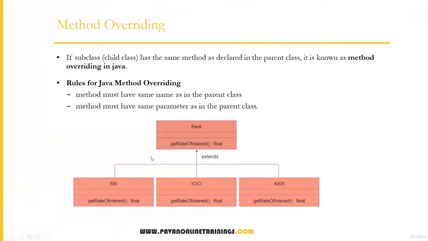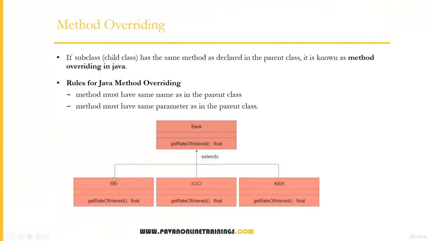So what I will do here is create one parent class called bank, which contains a rate of interest method, and three different child classes of the same parent class. When I create a child class of the parent class, it acquires everything from the parent class. So SBI acquires everything from the parent class, and it also contains get rate of interest. Here the body should be changed, because the bank class rate of interest will be different from the child class, as per this bank.